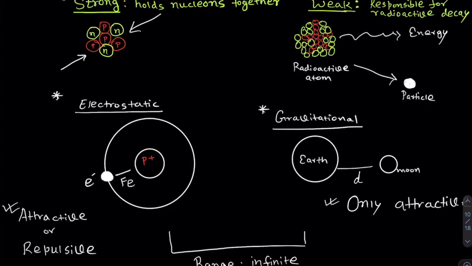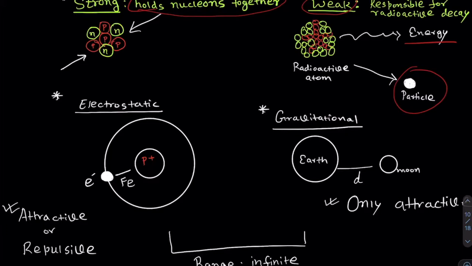If you're talking about the strong nuclear force, we're talking about holding the nucleus together very tightly. Think about it that way. When you're talking about the weak force, it is actually responsible for radioactive decay. Unstable nuclei go through this process, which will liberate energy, and it also liberates a particle, though it is not always a particle.